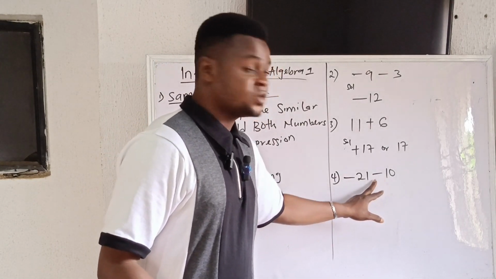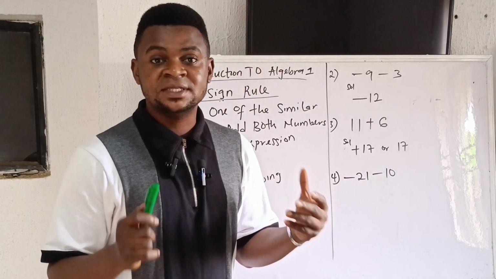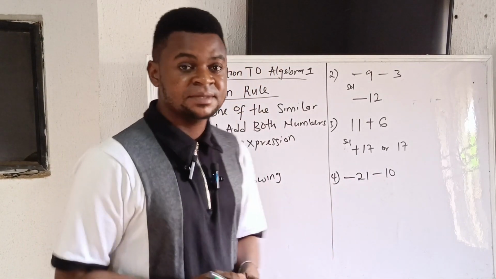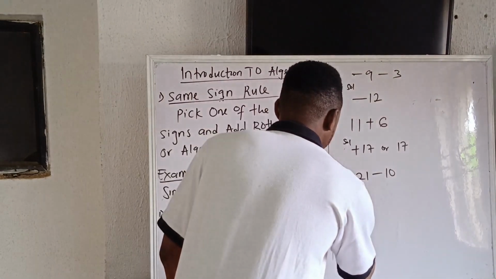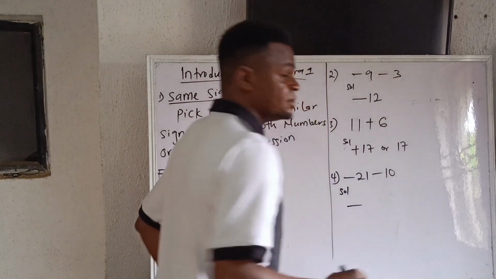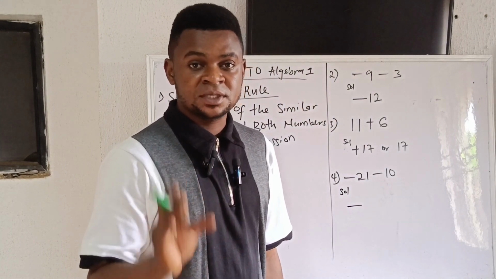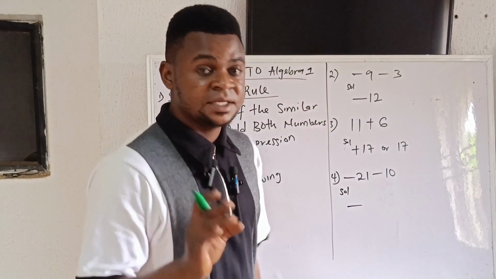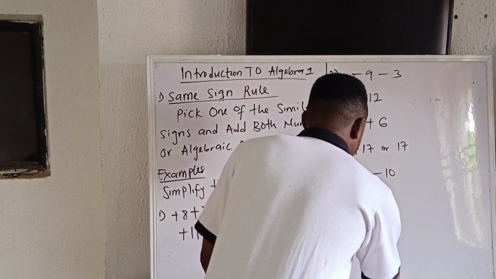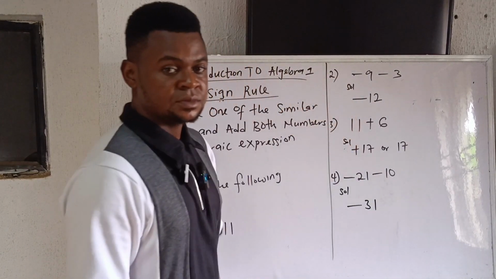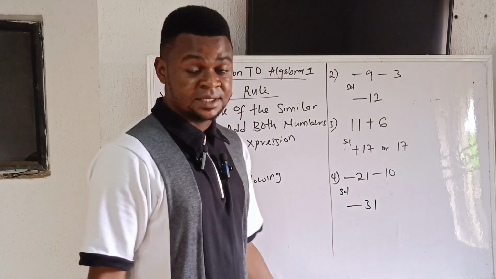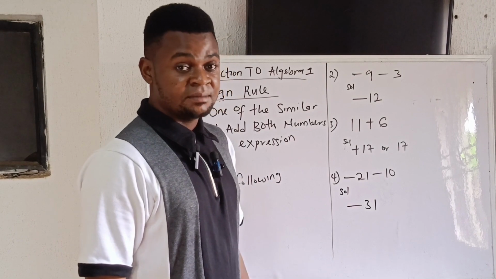The sign for 10 is also what? Minus. That means both have the same signs. And since they have the same signs, I'm going to just pick one of the similar signs, which is minus. Then I'll add both numbers together. So what is 21 plus 10? 21 plus 10 gives us 31. So my answer will be minus 31. You can see how very simple and easy it is. So our answer is minus 31.